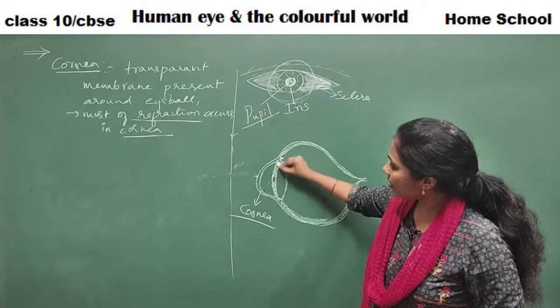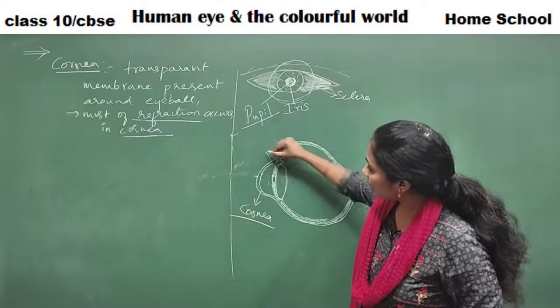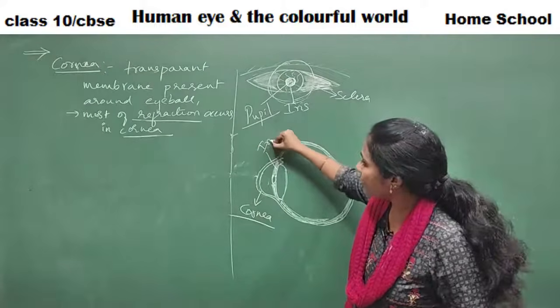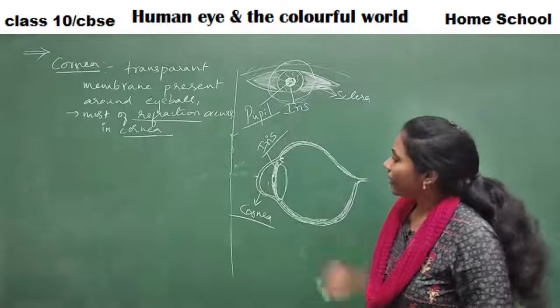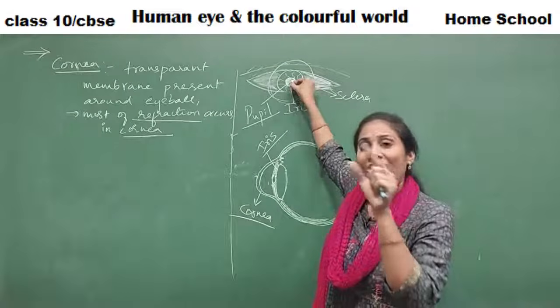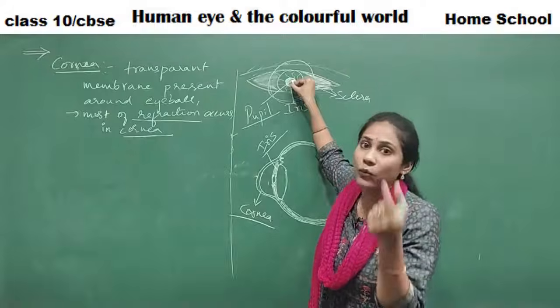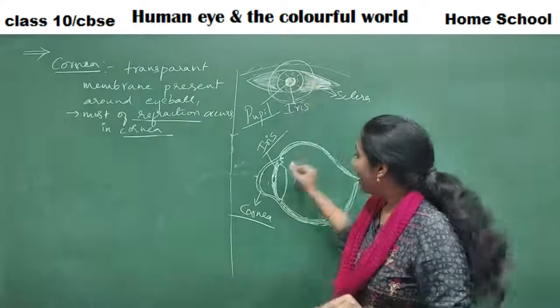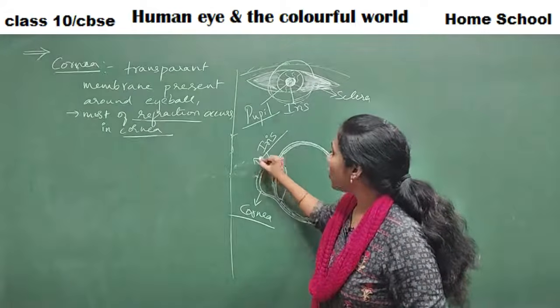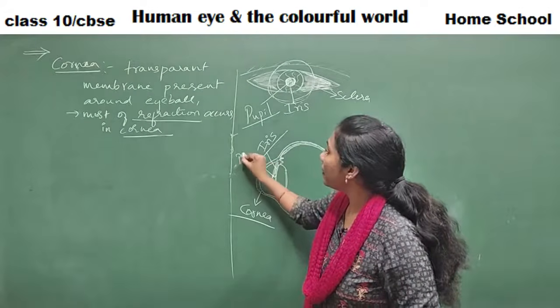When I cut this portion and see it deeply, this is our iris. The green colored thing that I shaded is the iris. And one more dark round opening you will see in the iris, right? This particular small opening is called pupil.